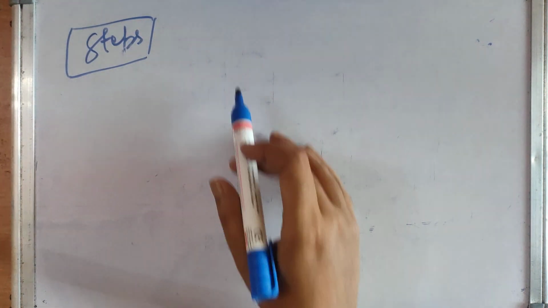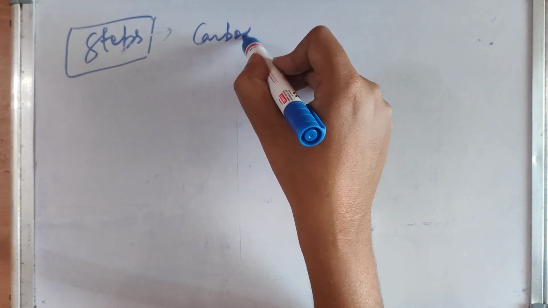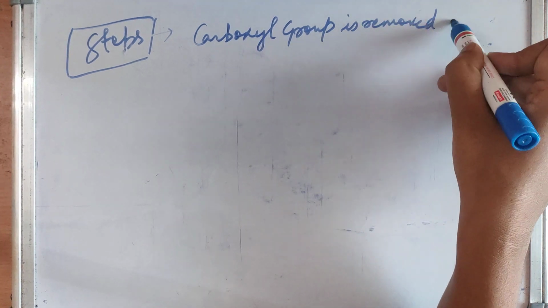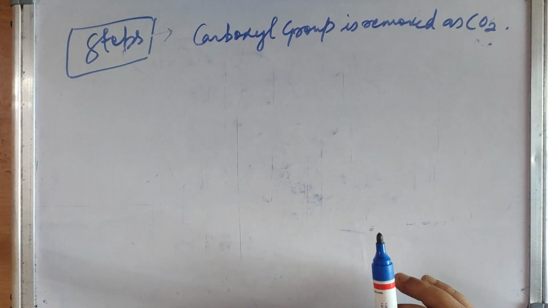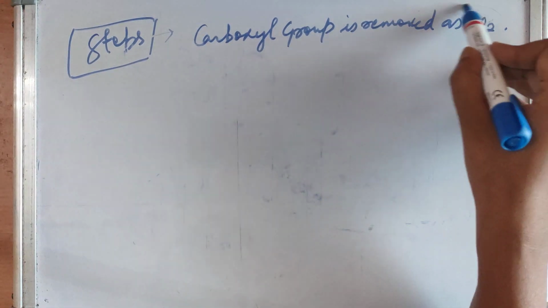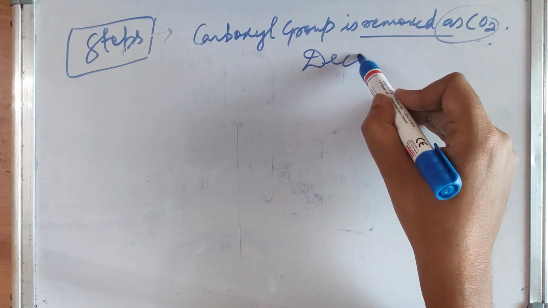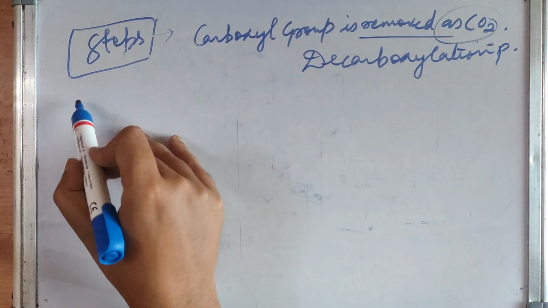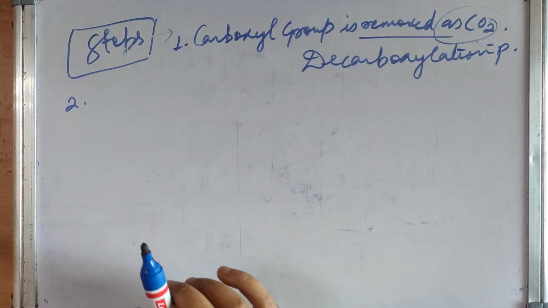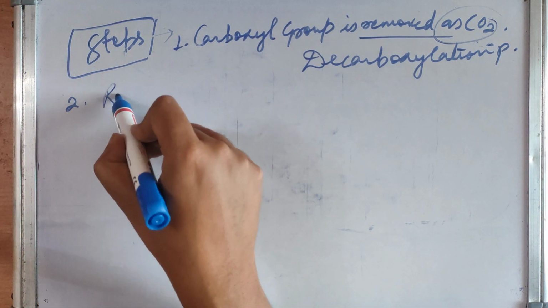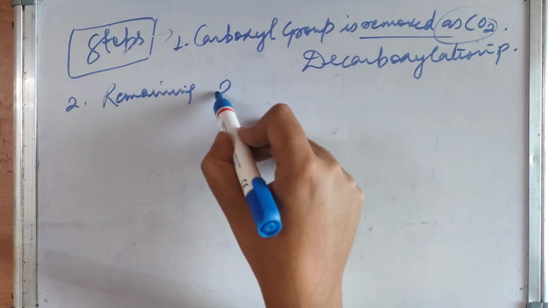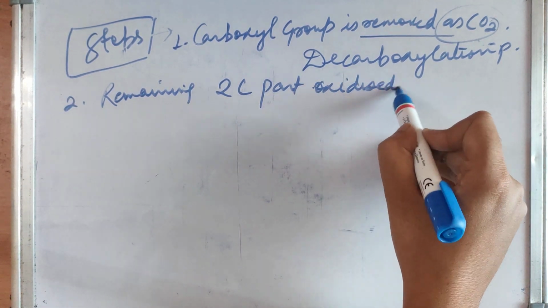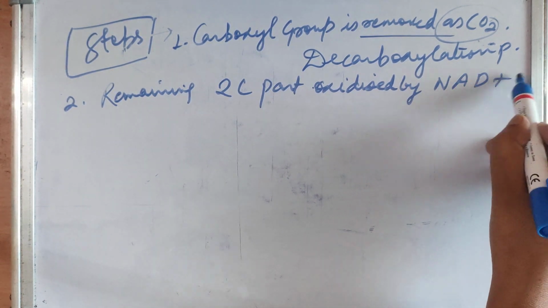Steps. First, the carboxyl group is removed as CO2. This is the decarboxylation part, hence its name, because CO2 is removed. This is the first step. Now second step. The remaining 2 carbon part is oxidized by NAD plus.